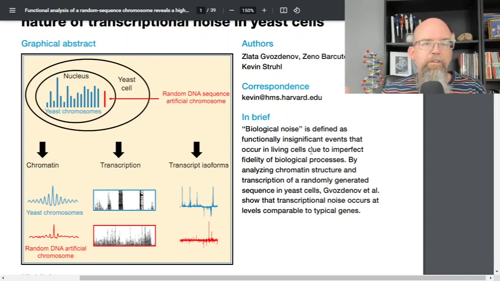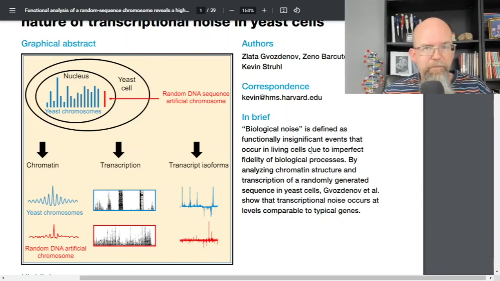So by taking a look at this artificial chromosome, the hypothesis is that if we put in an artificial, random sequence, it will also wind up in chromosomes and be transcribed, and the cell will form copies of it as it tries to read it. In other words, it'll create biological noise as well.